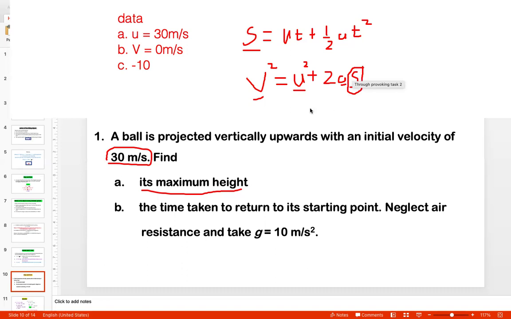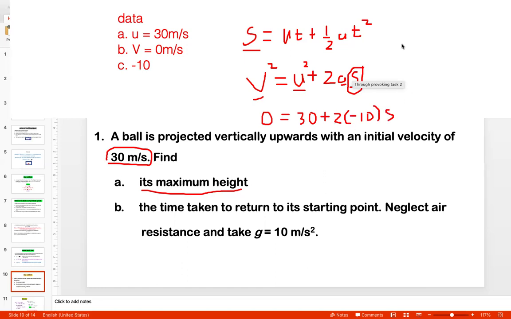Where our final velocity here is 0, equal to the initial velocity 30 squared, plus 2, the acceleration negative 10, multiplied by s.